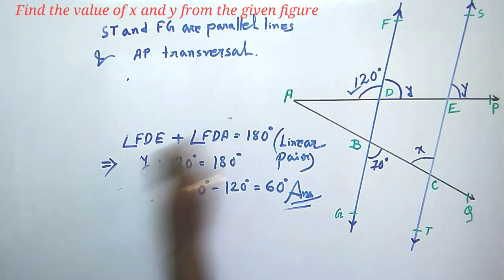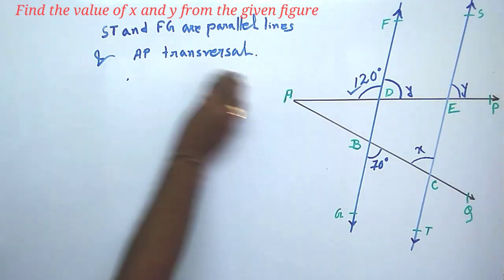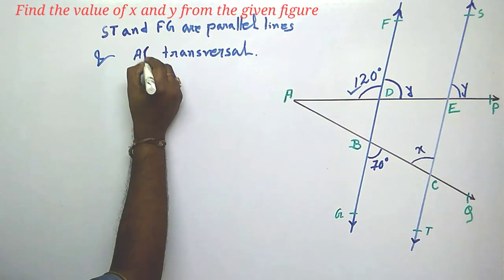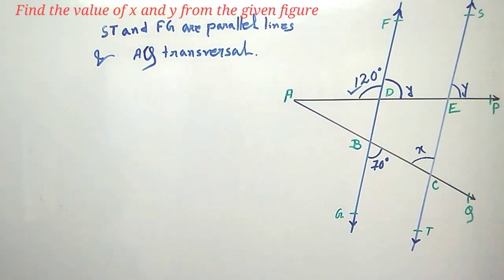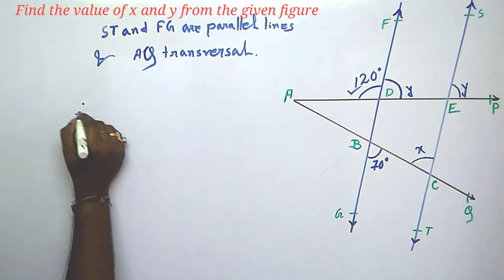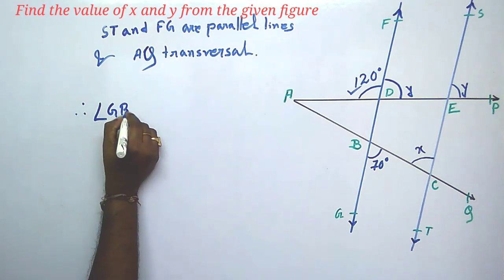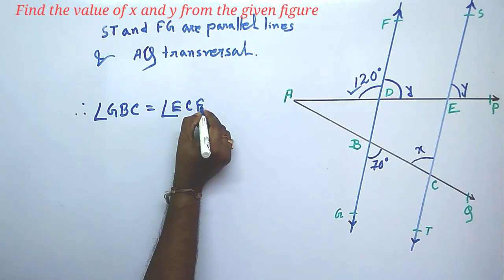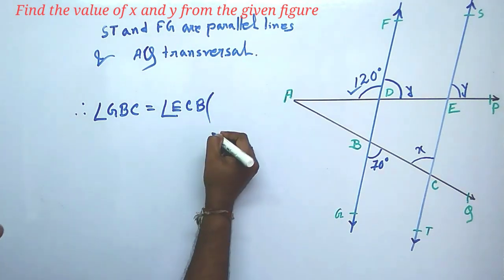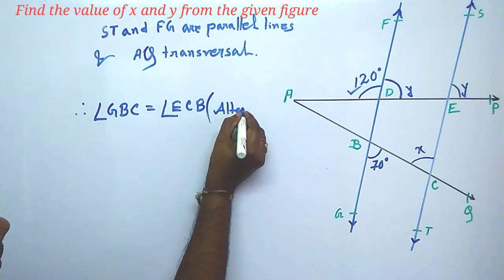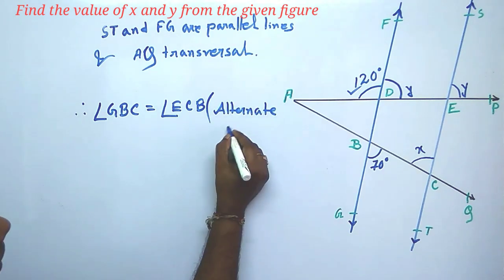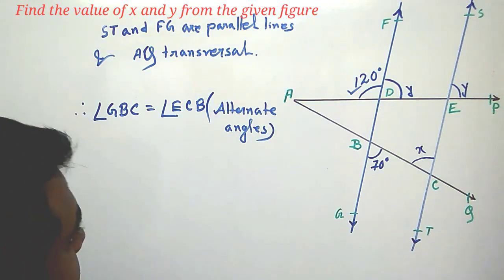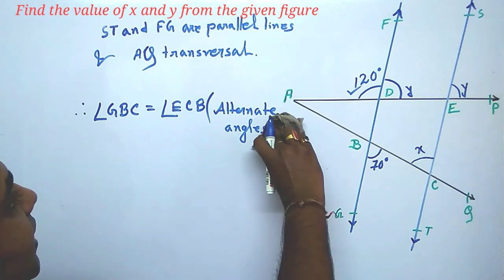I will write here: AQ transversal. Okay. So now we can write, therefore angle GBC equals angle ECB. And the reason will be alternate angles. So alternate angles between two parallel lines are equal.